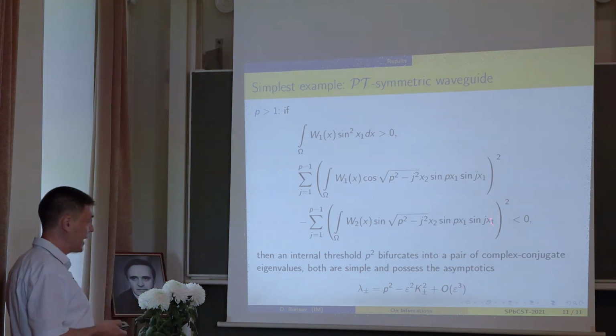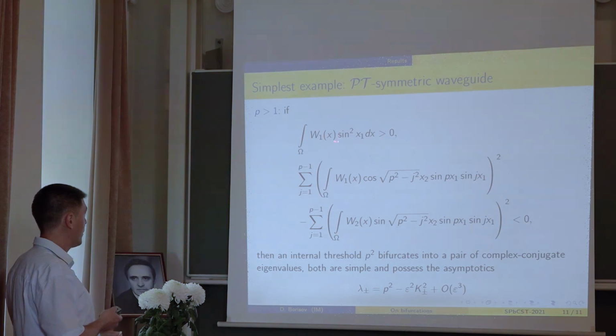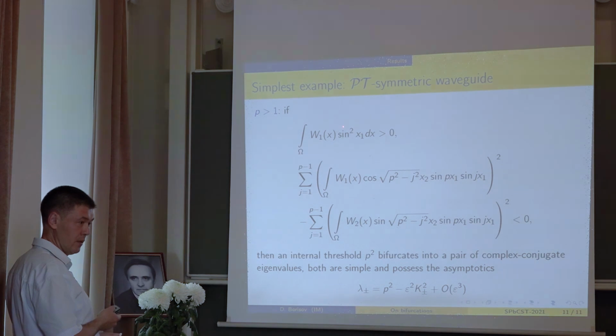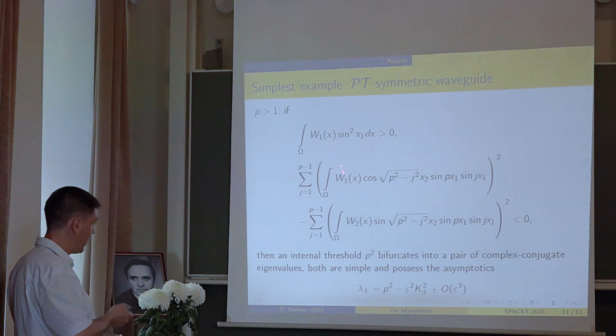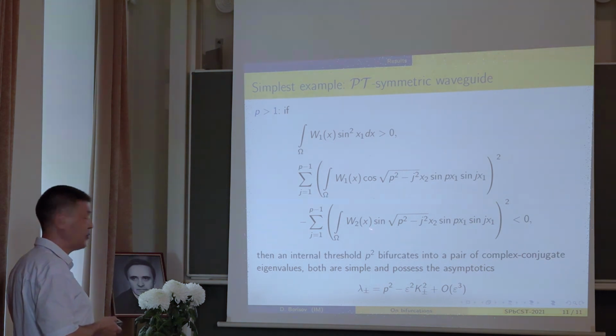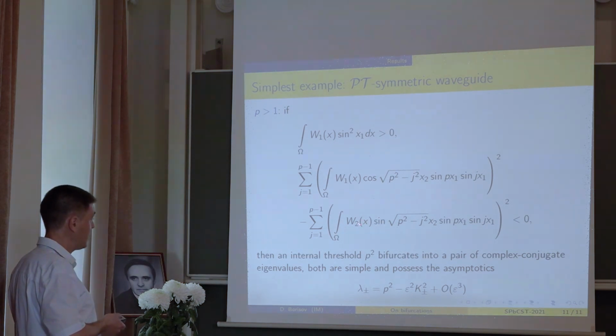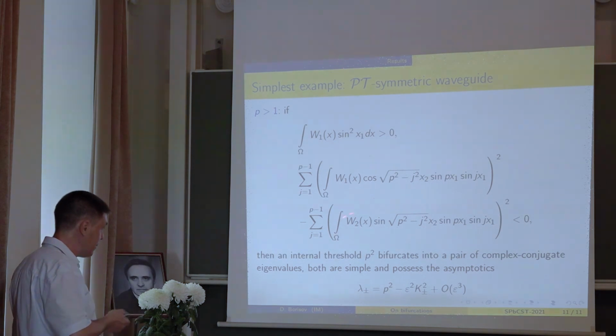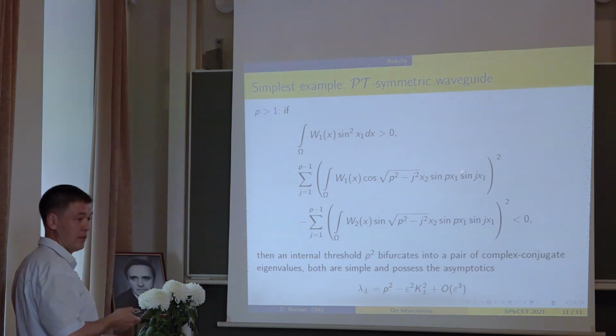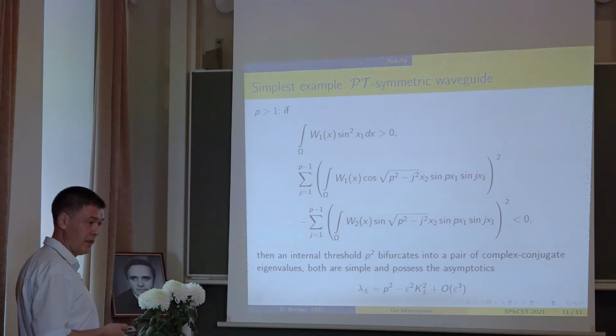And these conditions are actually general, because we can first choose and fix W to 1 so that this one is true. Then this sum is fixed. Once this one is fixed, then this sum is also fixed. And then we just play with the imaginary part, say multiplying it by some constant. And then, of course, we can change W to 1 so that this sum will be greater than this one. And of course, then we shall get this inequality.